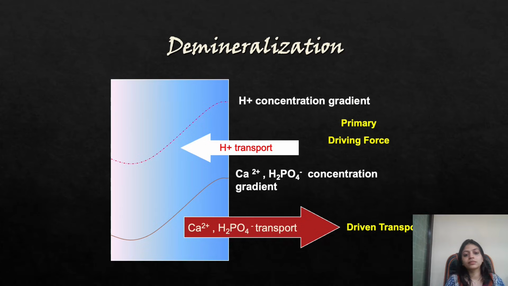So let's quickly have a look at the basic pathophysiology, what is occurring during caries. See, this process of demineralization and remineralization keeps occurring. Normally or naturally this process is present in the oral cavity.